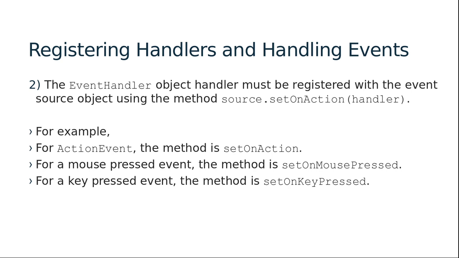If it is an action event, we call the set on action method. If that handler is related to a mouse event, then maybe set on mouse pressed or set on mouse enter, and so on. If that handler is related to keyboard events, then you may call a method like set on key pressed, set on key released, and so on.